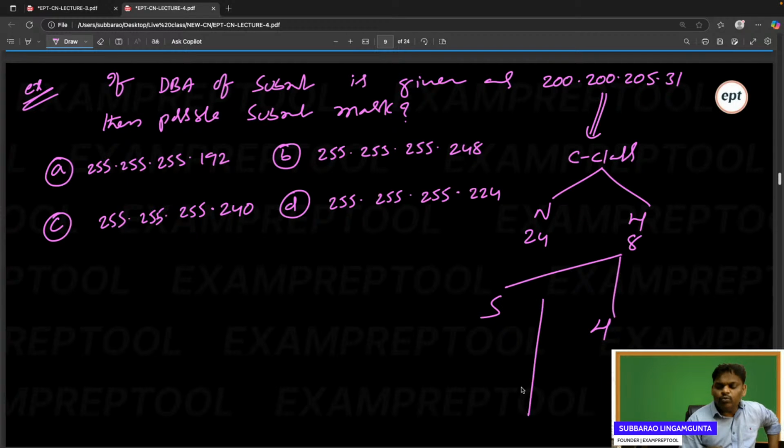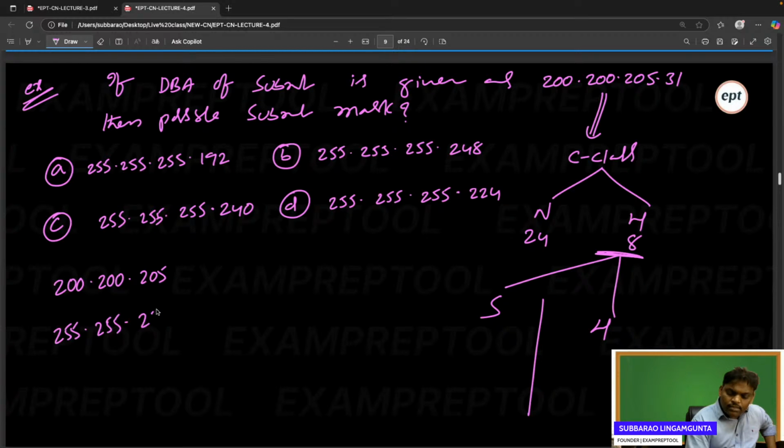We don't know how to divide, so we have to discuss the last octet. This is the network area, so definitely the mask is 255. The answer is already confirmed: three 255s are required.